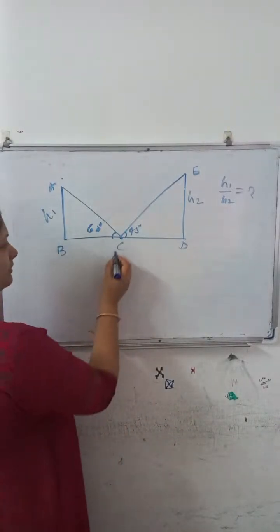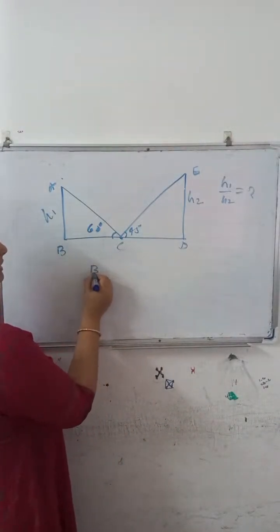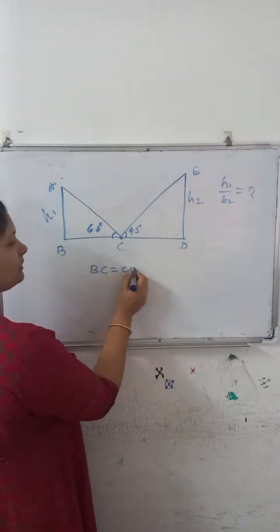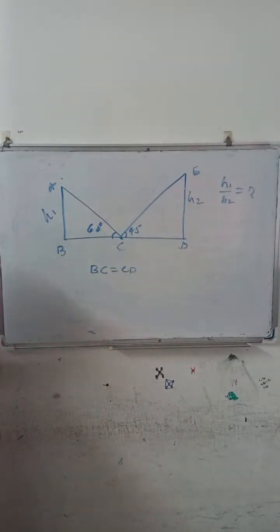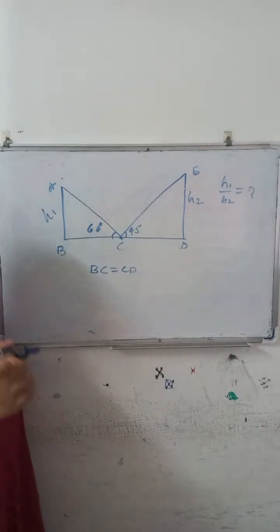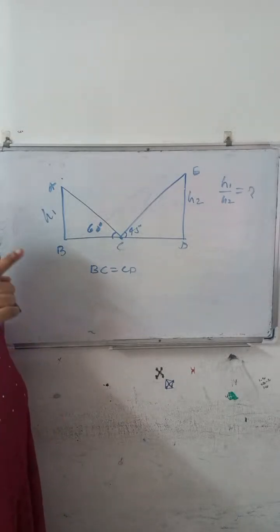They are saying C is the midpoint. That means BC is equal to CD, both line segments are the same, because the angles of elevation are taken from the midpoint of the line joining.